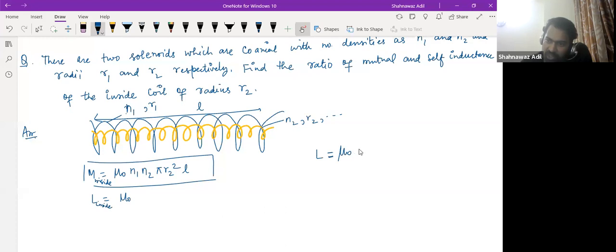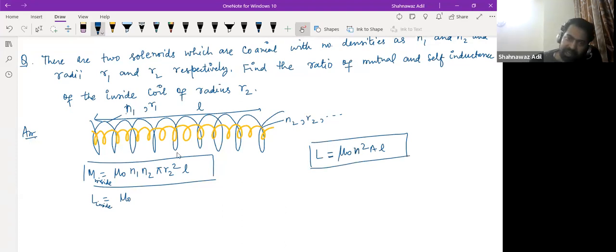This is mu naught n squared A L, right? But what n will we choose? We are calculating the self-inductance inside, right? N2.